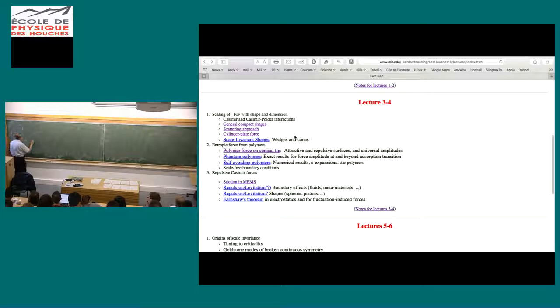Now suppose we bring it close, and this is actually the situation that you have in most experiments, where the sphere is so close to the surface that effectively I should be measuring distances not from the center of the sphere, but from the distance of closest approach.